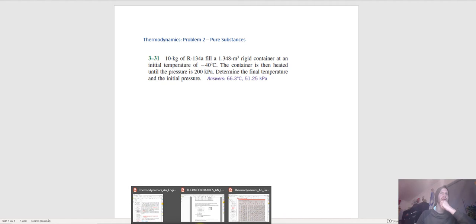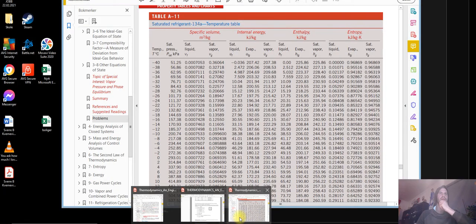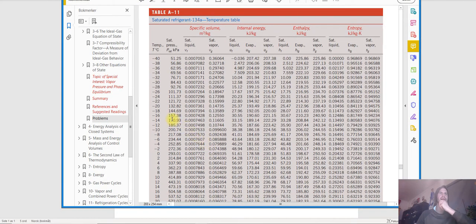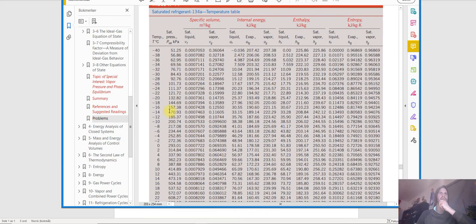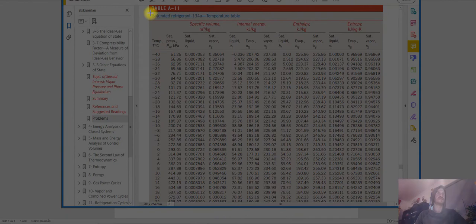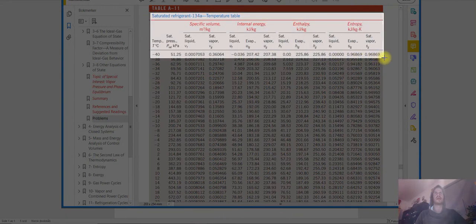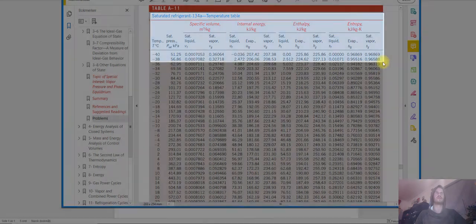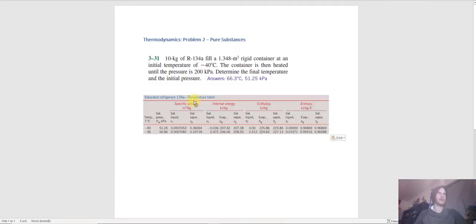But we know the initial temperature is negative 40 degrees. Here we have negative 40 degrees. Let's take this row here, just for structure.